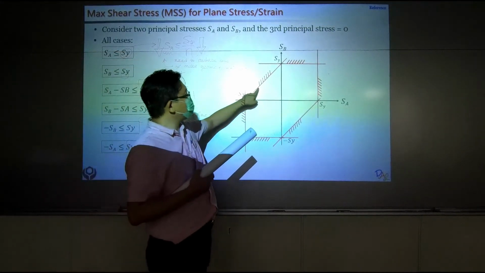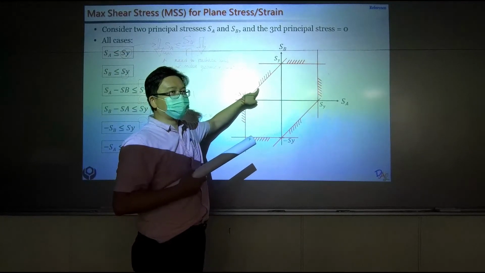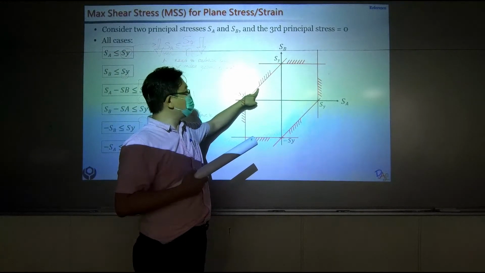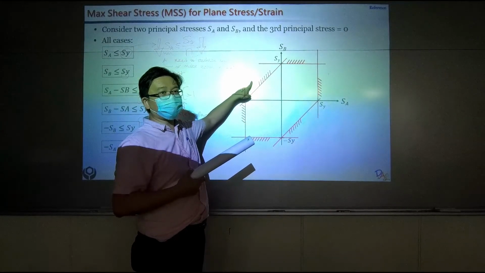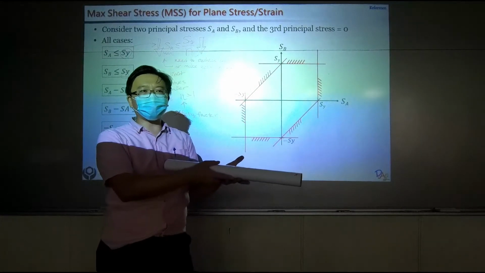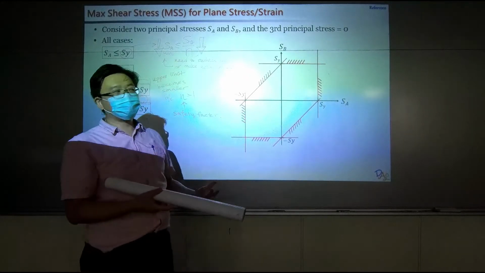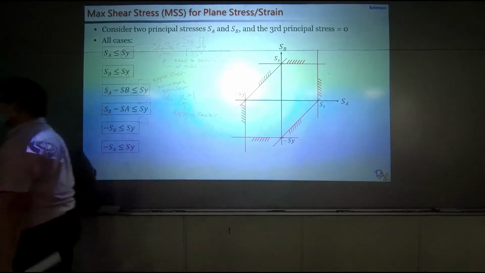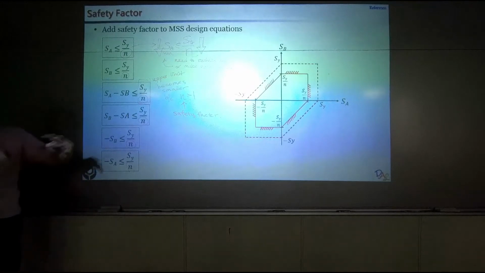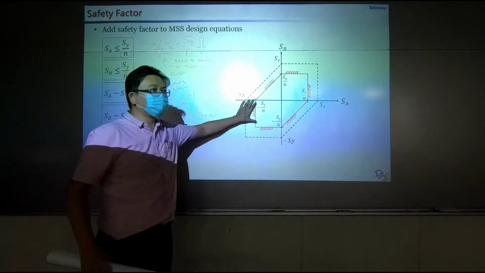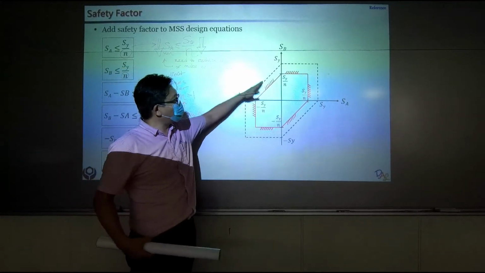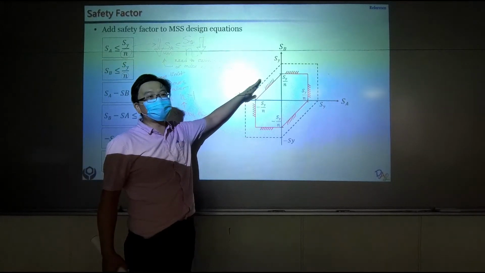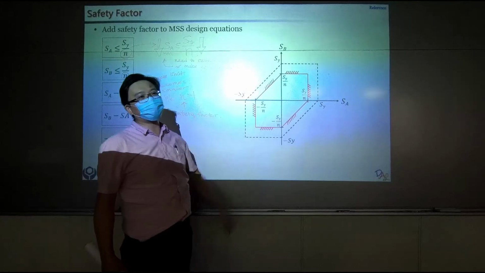What if you are reaching the limit, and if you are not lucky, one day the load gets out of the boundary, then your material breaks or yields. So we want to be safe. We shrink our design region. We don't allow ourselves to design close to the boundary. Too dangerous. Okay?